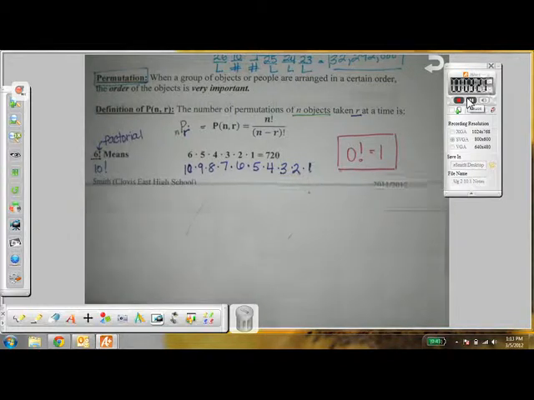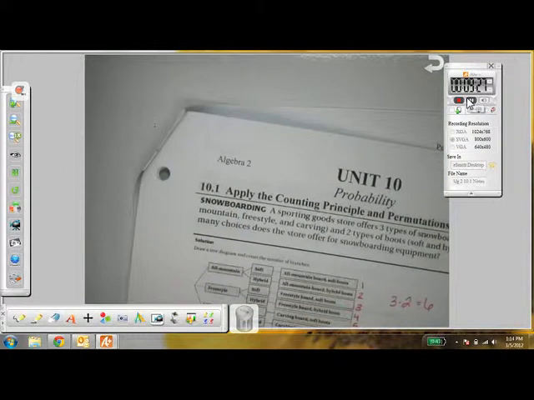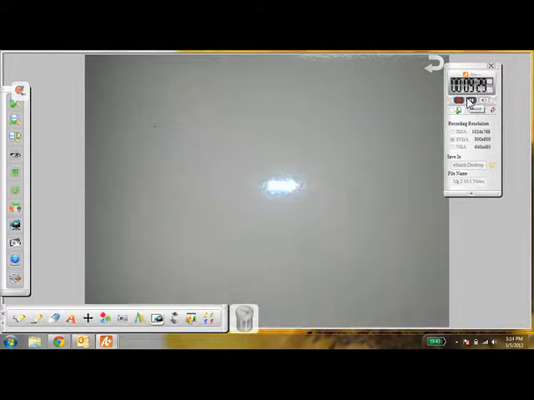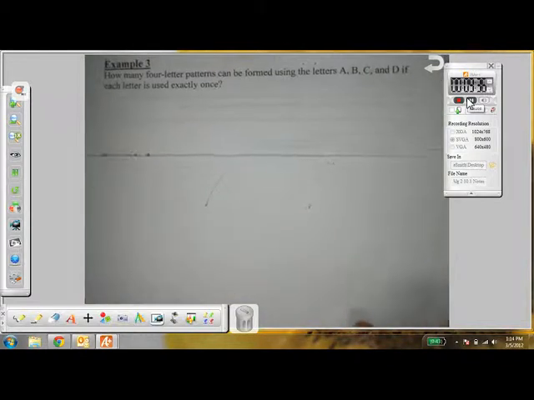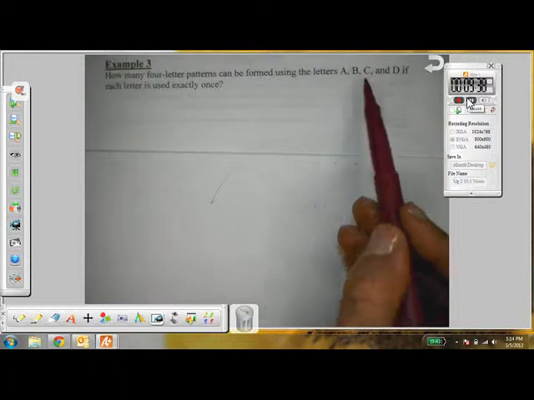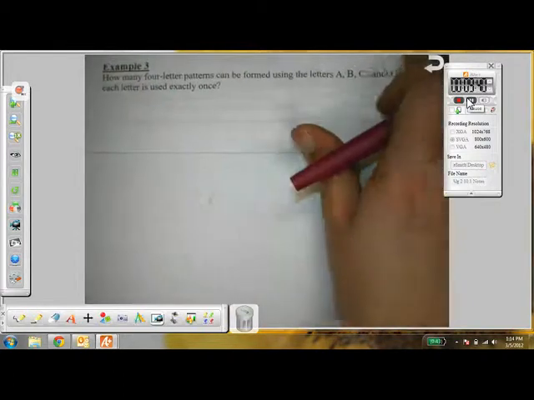Okay, so let's look at our first example. Example 3. How many 4-letter patterns can be formed using the letters A, B, C, and D if each letter is used exactly once?